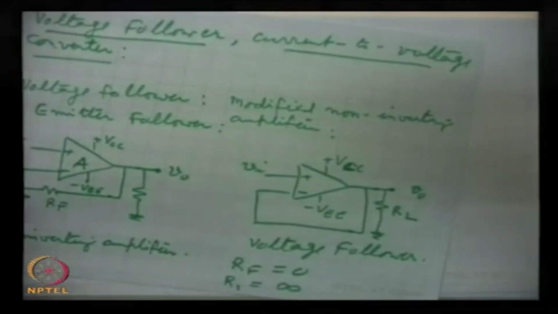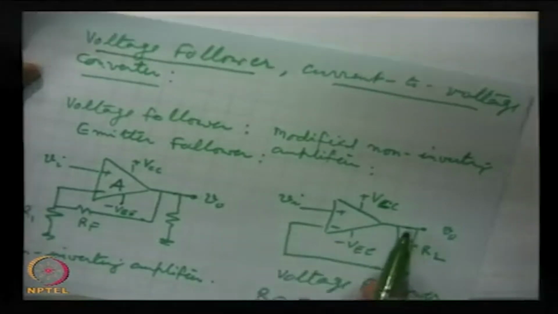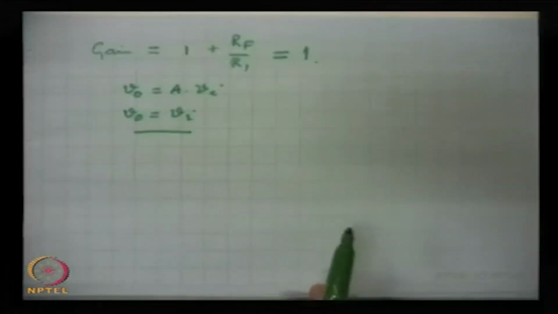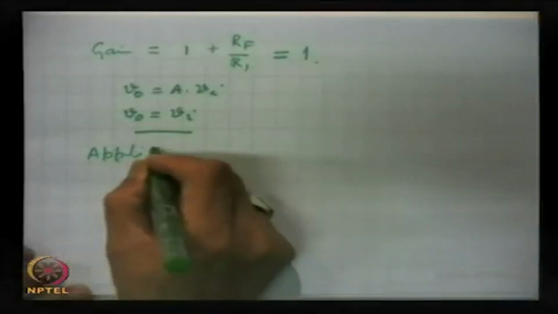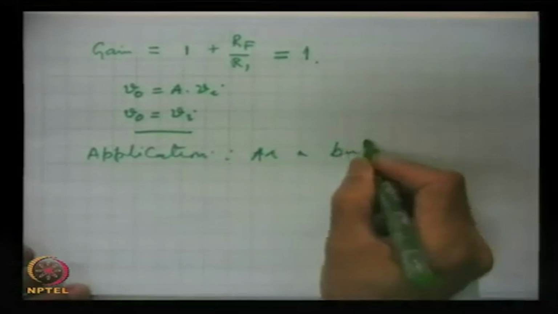Now, you may question that if the same voltage appears and the same phase appears, what is the function of a voltage follower? The application of voltage follower is the same as for emitter follower, that is as a buffer amplifier. The input impedance is very high, output impedance is very low. So, this can be used for matching purposes, matching impedances. So, the application is as a buffer amplifier.